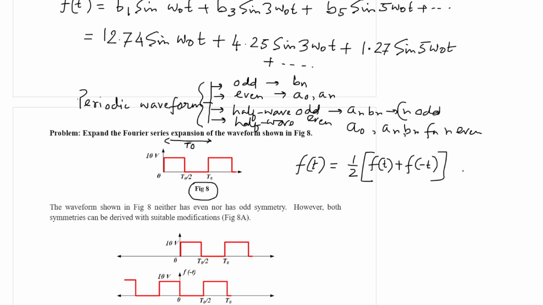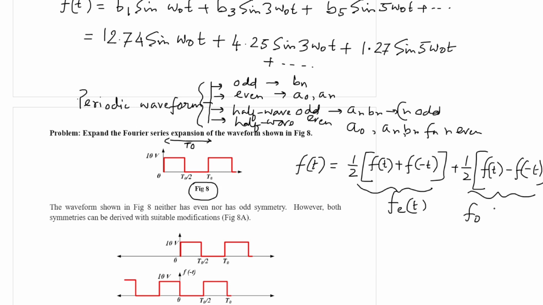And second part I am writing half of ft minus f of minus t. Just I am writing in this fashion. You see, this first part is called even function of this parent or mother function, and the second function is called odd function.